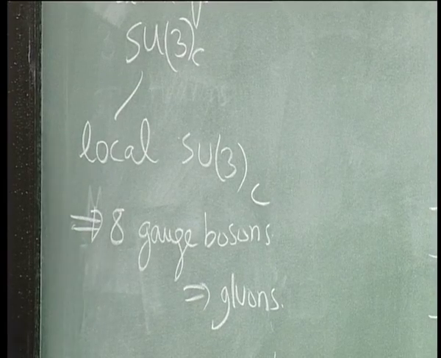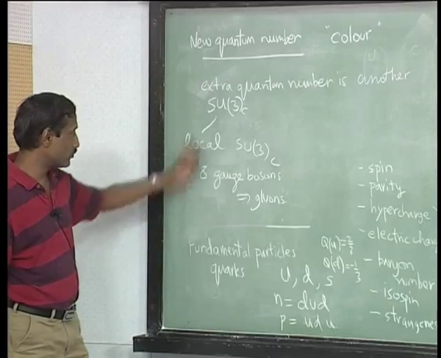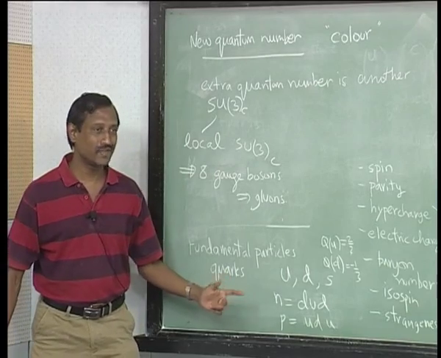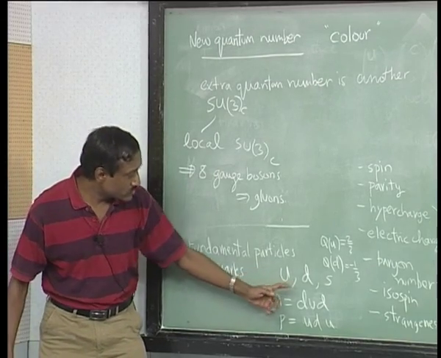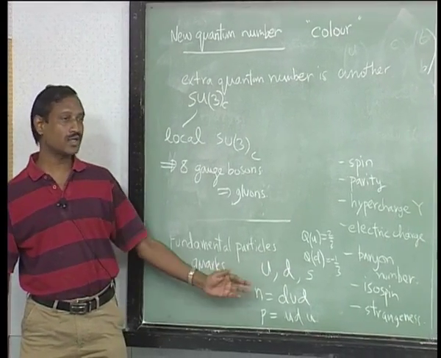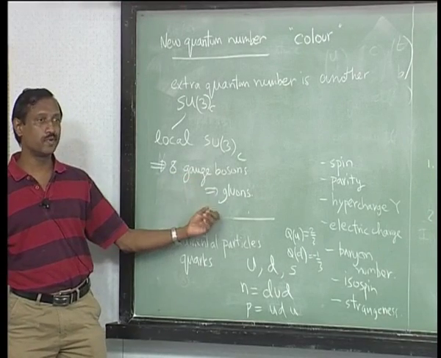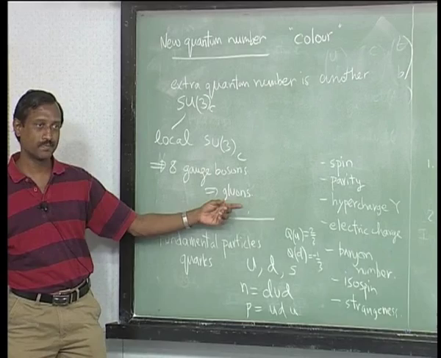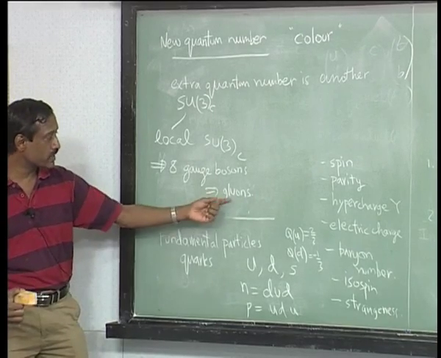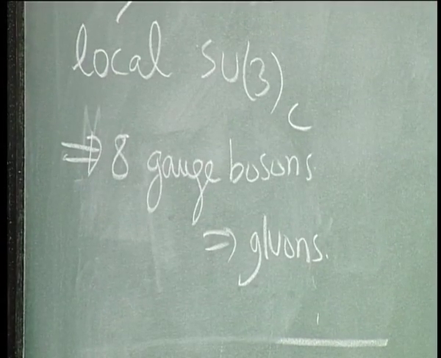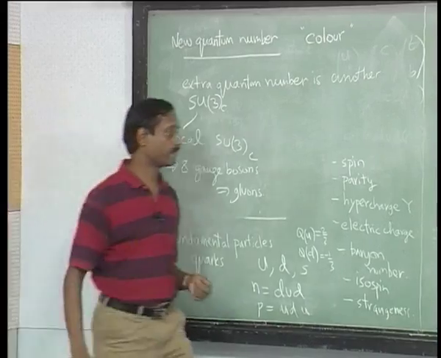Okay. So now you can see that if you look at the strong sector, in terms of fermions there are new particles called quarks, and then there are also 8 gauge bosons which are called gluons. These are supposed to be carriers of the strong force in some sense.